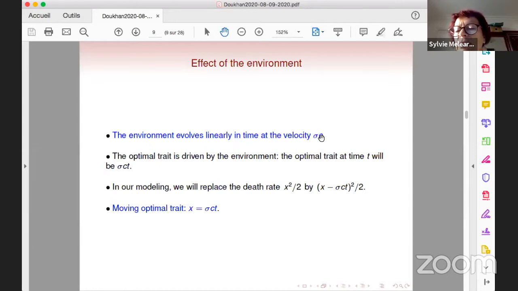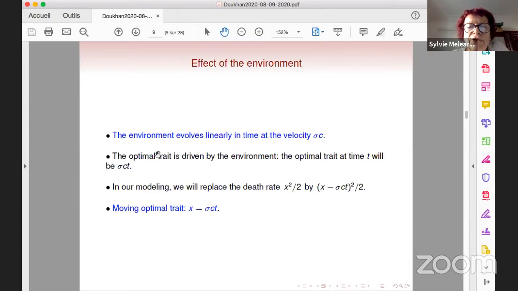So c is a new parameter, and sigma, for simplicity in computation, is the variance of our mutation diffusion, our Brownian motion, but of course it's just a question of scaling to introduce it here.